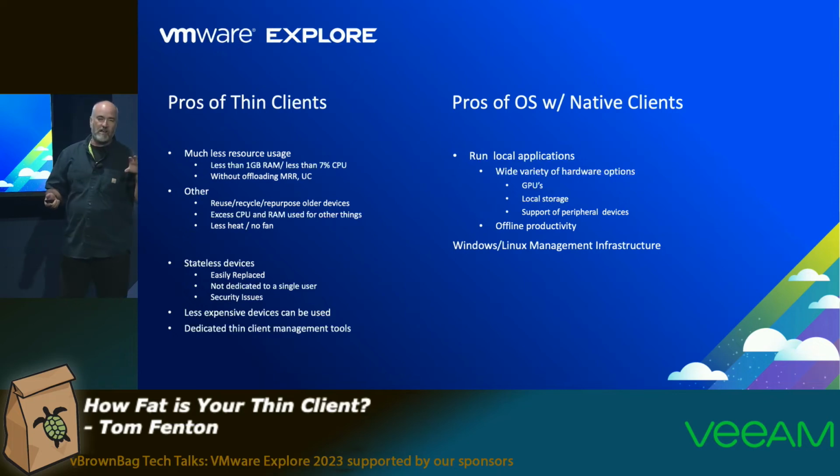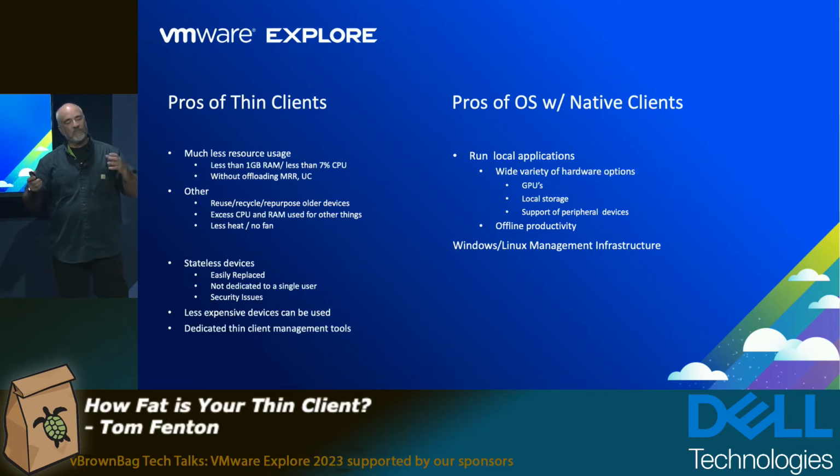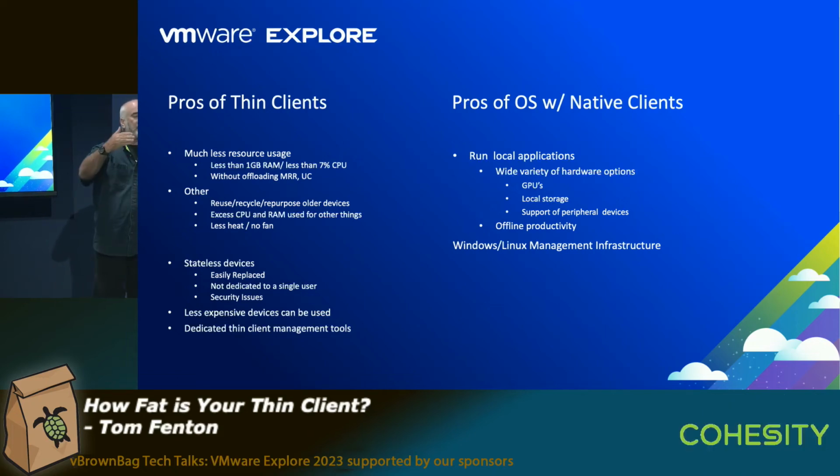However, when you do this, you got to remember that VMware is getting smarter, and it's offloading a lot of process to the device itself. So if you use things like multimedia redirection, you're going to want a bigger footprint. Or if you're running some kind of unified communication application like Teams or Zoom, those can be offloaded to the device itself, and you actually want to do that. So don't take this as, I only need a device with 1 gig, 2 gig. You'd have to do some of your own testing with it.